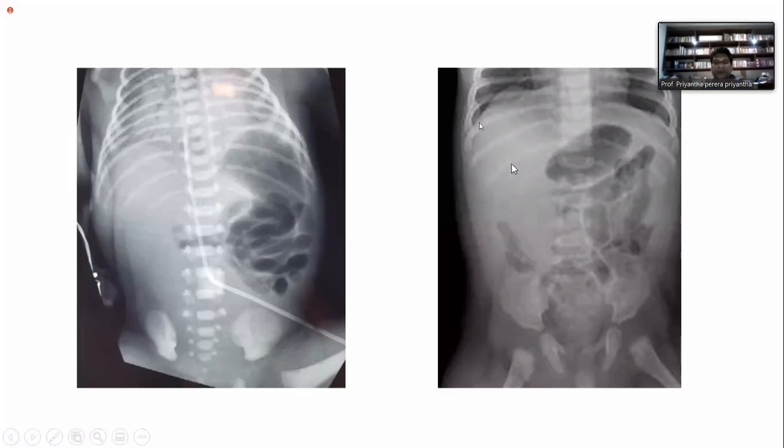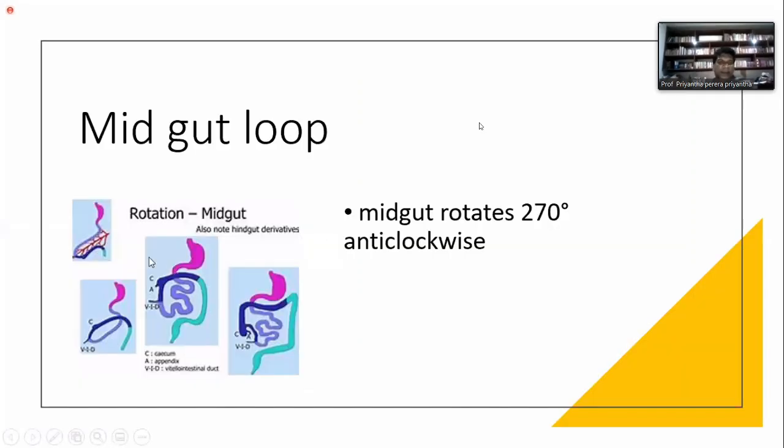That is because the midgut loop generally develops outside the body, and then it returns to the peritoneal cavity in a stepwise manner, right? It takes 3 90-degree turns anti-clockwise, so ultimately a 270 degree rotation takes place, so that it will be in the correct position like this, right?